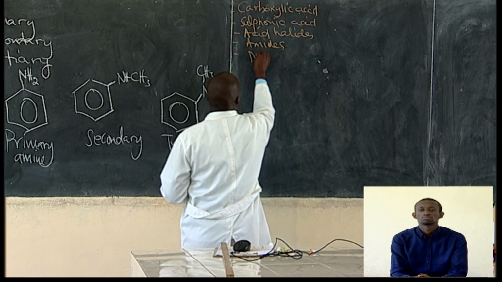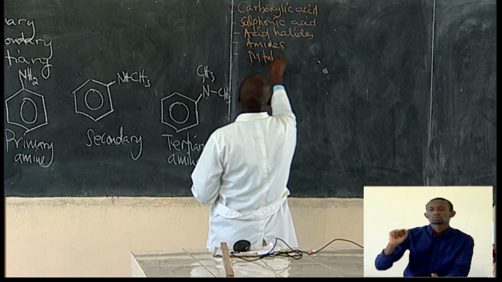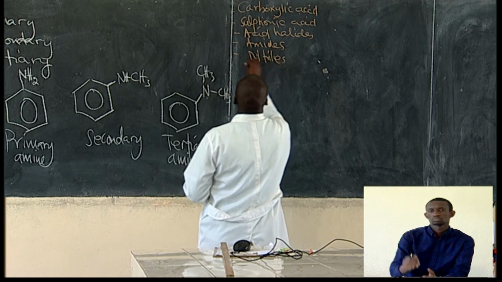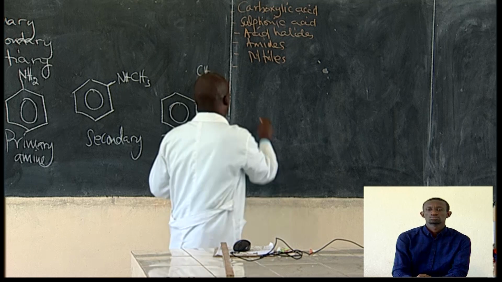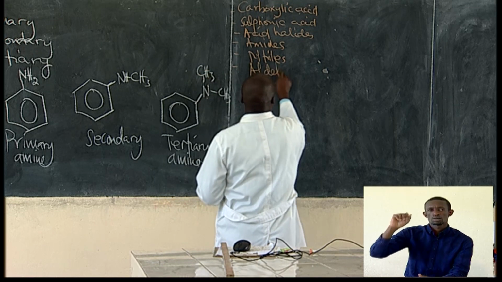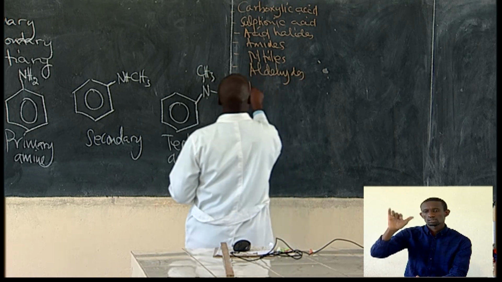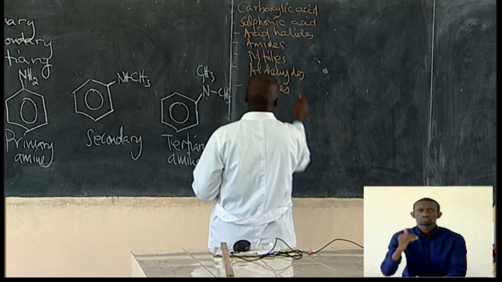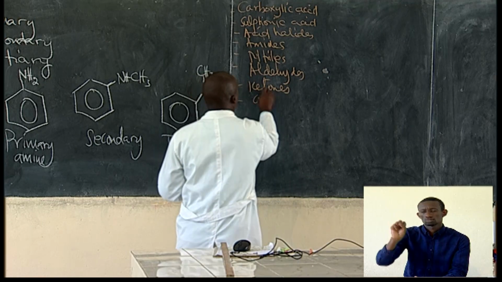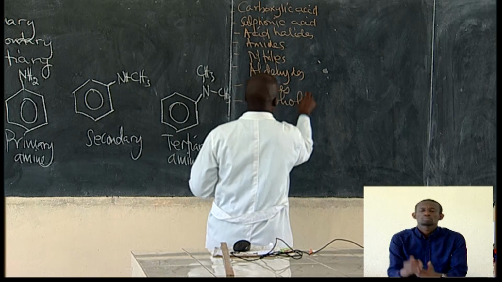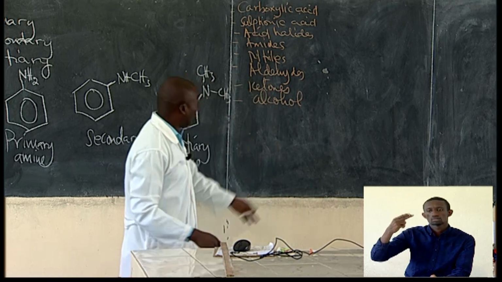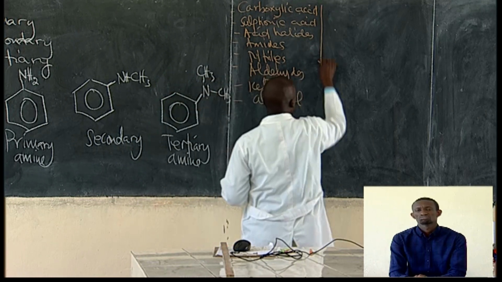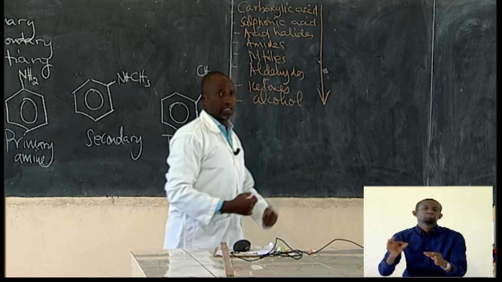You may have nitriles. From nitriles, you may have aldehydes. Then aldehydes, you have ketones. From ketones, you go to alcohols. And then as you move, the list is very long. So this is the decreasing priority.